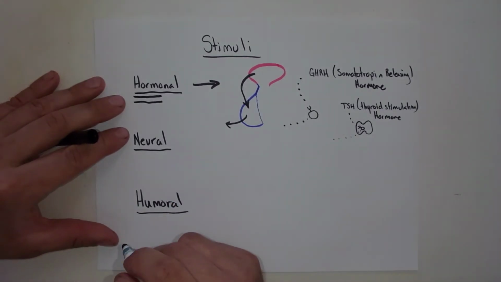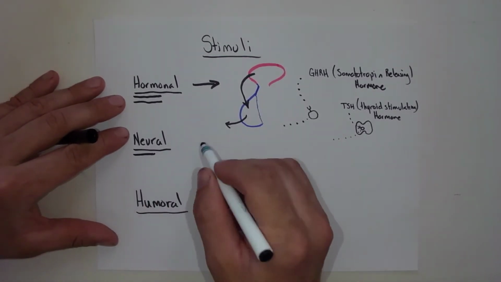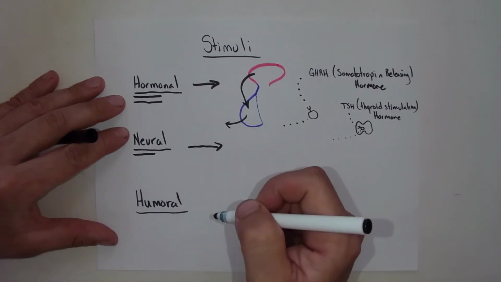Now, neural stimuli, like the name suggests, is going to involve the nervous system.